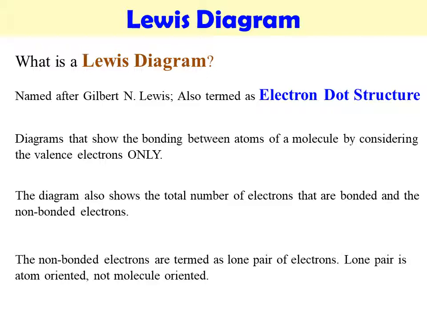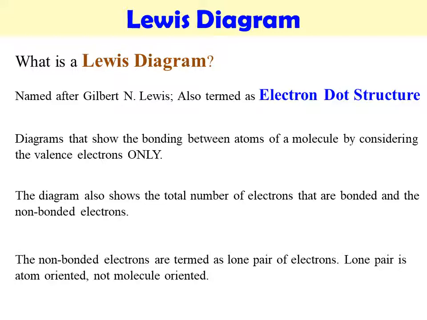Okay. Now lone pair is atom-oriented, not molecule-oriented. That means how many lone pairs of electrons a particular molecule will have depends upon the atoms which are forming the bond.